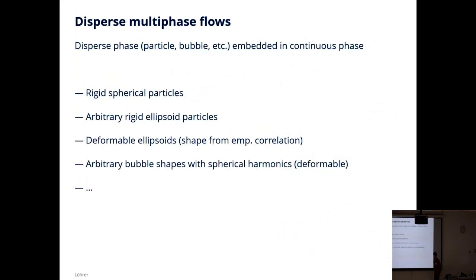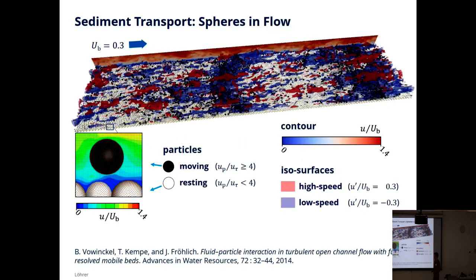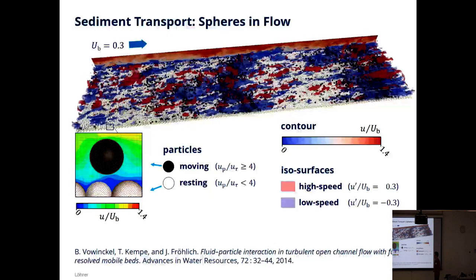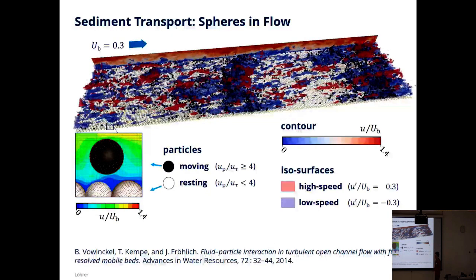Dispersed multiphase flows are flows that feature a dispersed phase in a continuous phase. So these are often particles, deformable or not, spherical or ellipsoid, or bubbles of any shape. Many more are possible. This is one production case, one typical application.